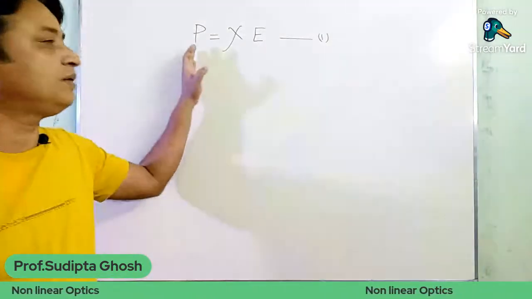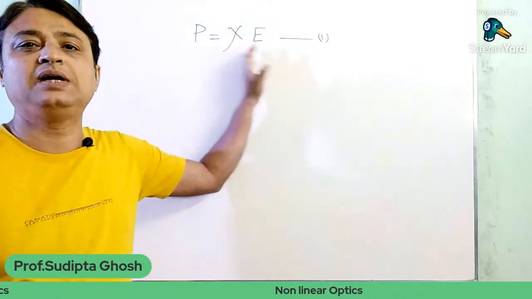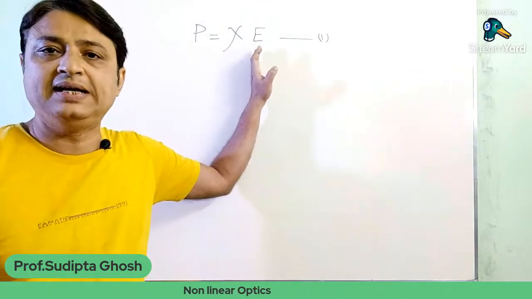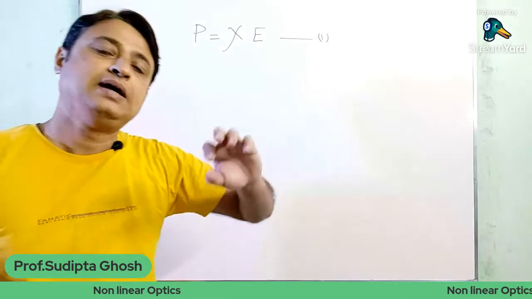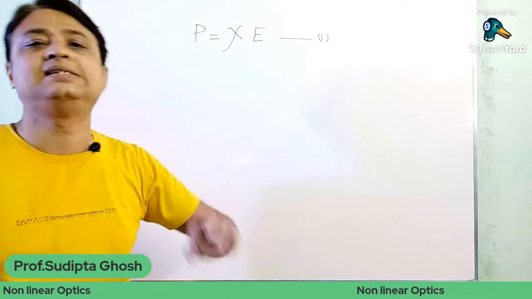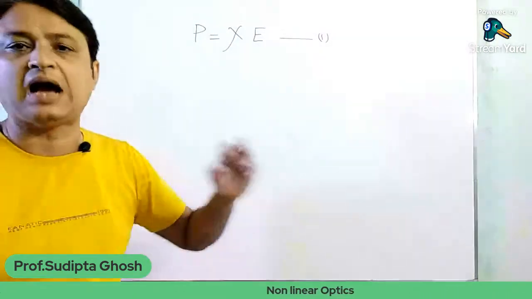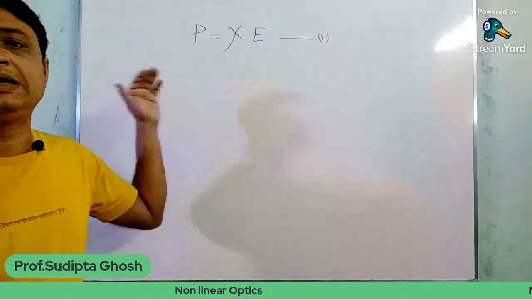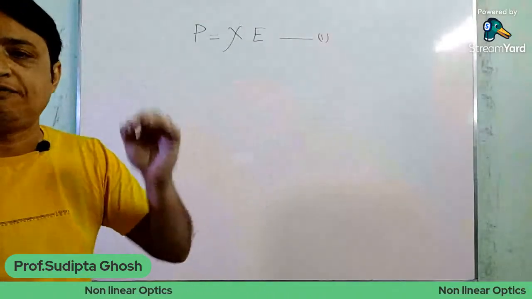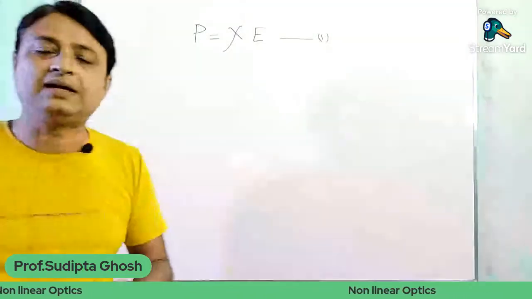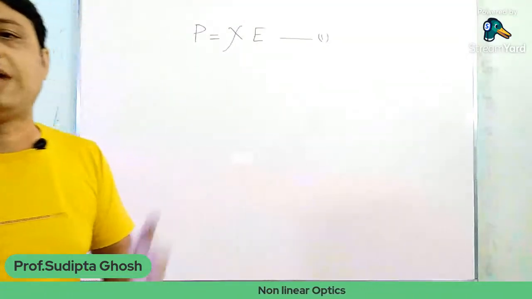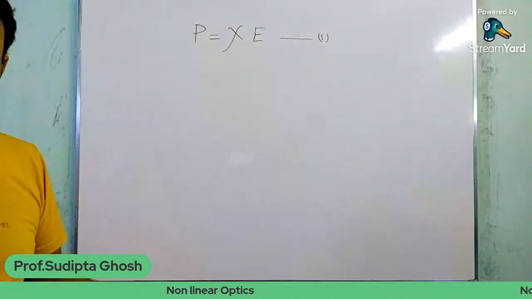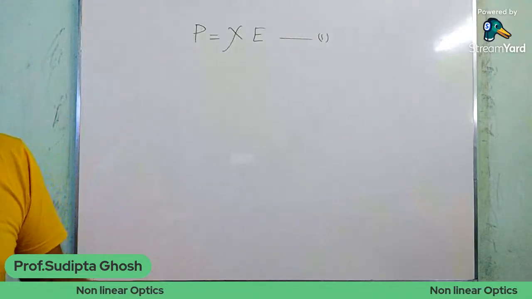So the dielectric polarization, which is a function of capital E, and thus if the electric field intensity of the laser becomes very high, that means the dielectric polarization is now affected by the large value of the electric field intensity of the laser beam itself.